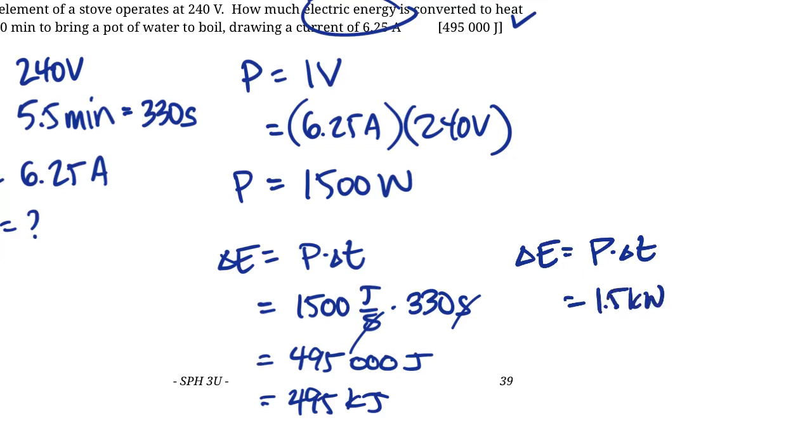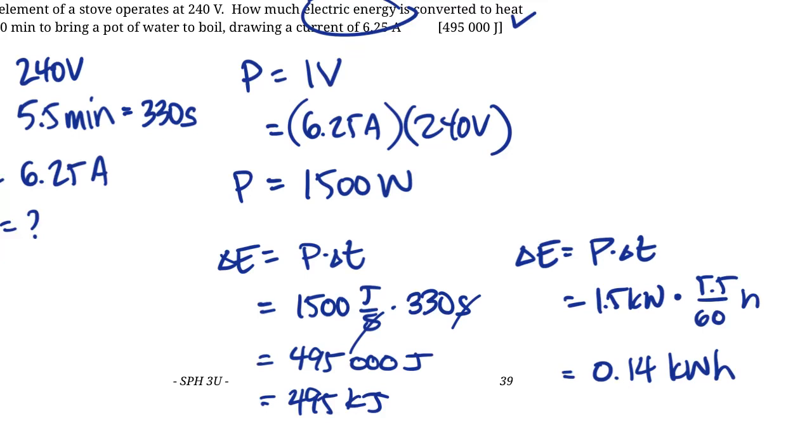And if we wanted to convert 5.5 minutes to hours, we can just divide by 60. 5.5 divided by 60 is not a whole number, so I'm just going to leave it like that. So if we do that calculation, it's 1.5 times 5.5 divided by 60, which comes out to 0.14, if we round to 2 significant figures, kilowatt hours.